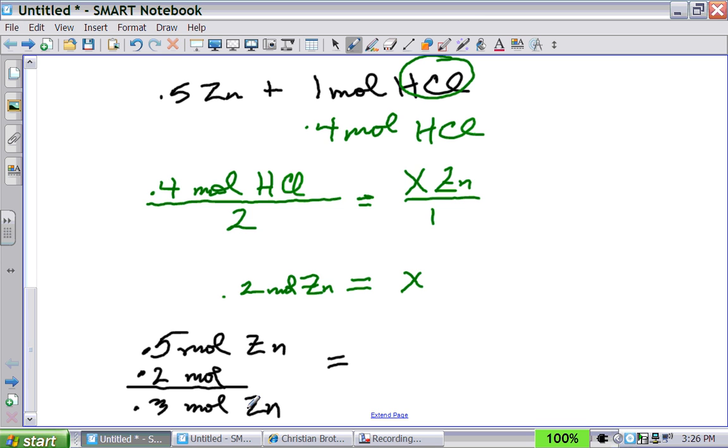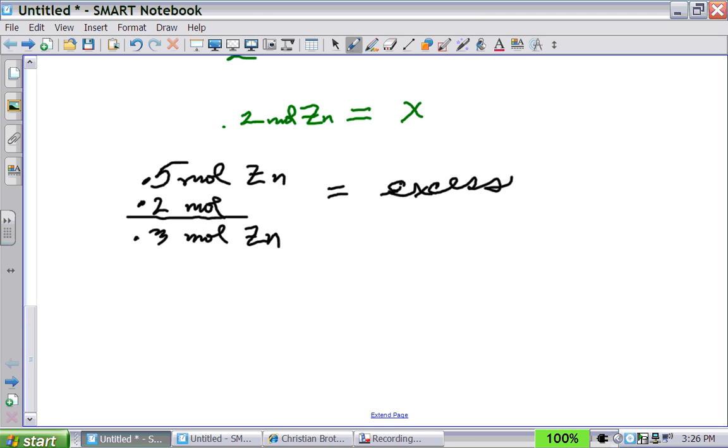And since we know the limiting reactant gets all used up, we know that we're only going to use 0.2 moles of zinc, and therefore we will have excess zinc. In other words, some of the zinc won't get used.